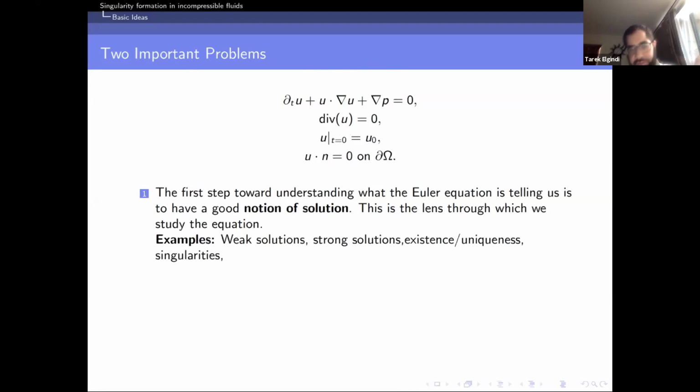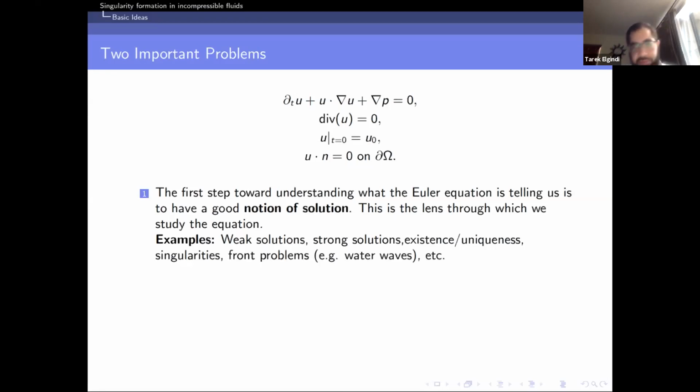You could either think that you want to study weak solutions or strong solutions. The problem with weak solutions is the uniqueness problem. The problem with strong solutions is the problem of singularities.